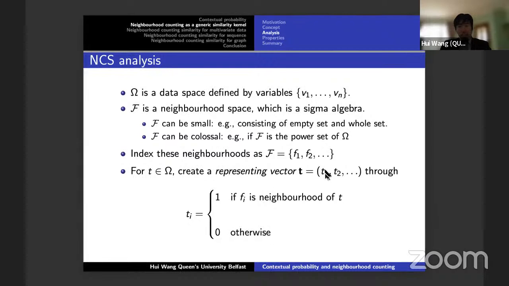Each element corresponds to a neighborhood, and the value is 1 if the corresponding neighborhood is a neighborhood of this data point, otherwise 0. As a result, any data point can be represented as such a 0, 1 vector.